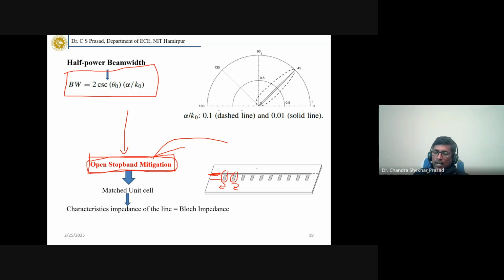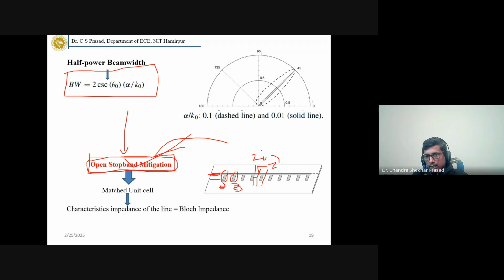Now the idea is, when you calculate the input impedance of the line, let's say Z naught is the characteristic impedance, and the input impedance here is Z. If these two are the same, then we have impedance matching, so this reflection will vanish, and we can mitigate the open stop band phenomenon.